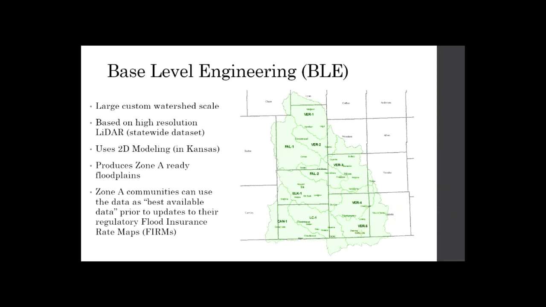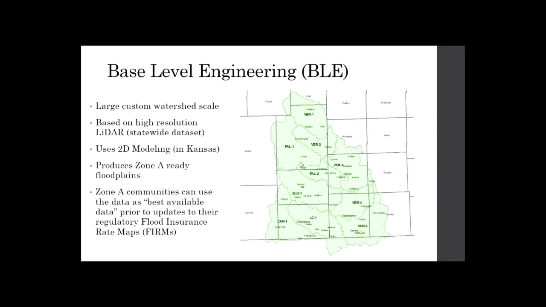So base level engineering, again, we're doing this on our large custom watershed scale. We are basing this on high resolution LiDAR. We do have that statewide data set available. And we are using 2D modeling in Kansas for this approach. Base level engineering produces Zone A ready floodplains, and these Zone A communities can begin to use this data as best available data prior to the maps becoming effective and prior to the new regulatory flood insurance rate maps.